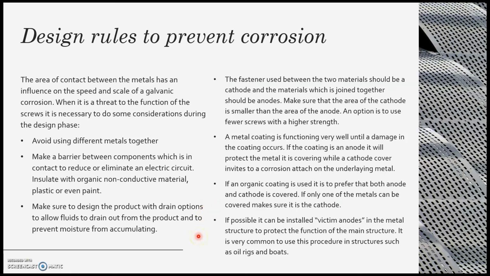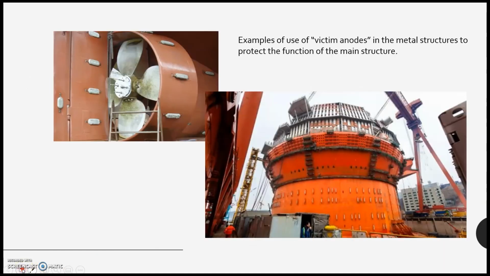If possible, victim anodes can be installed in the metal structure to protect the function of the main structure. It is very common to use this procedure in structures such as oil rigs and boats. Here you can see some examples where they use victim anodes in the metal structure.